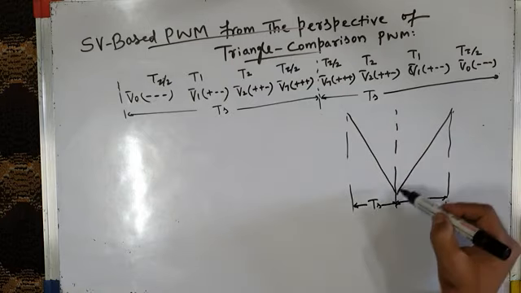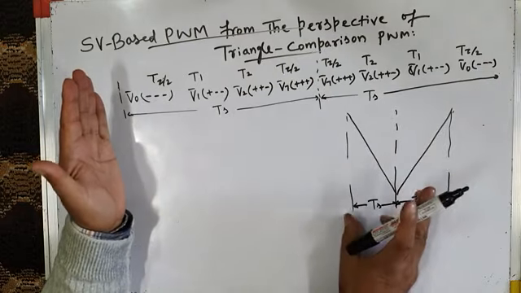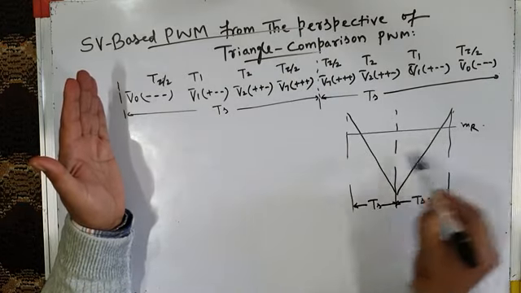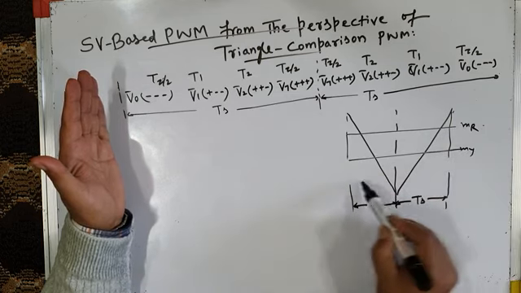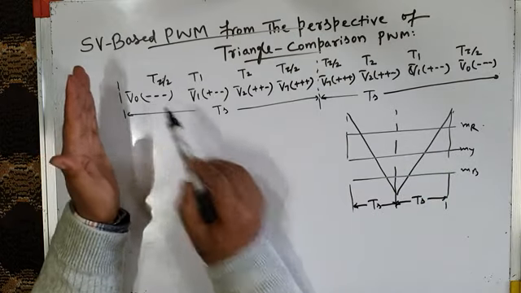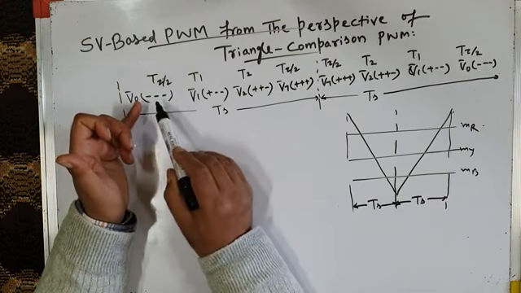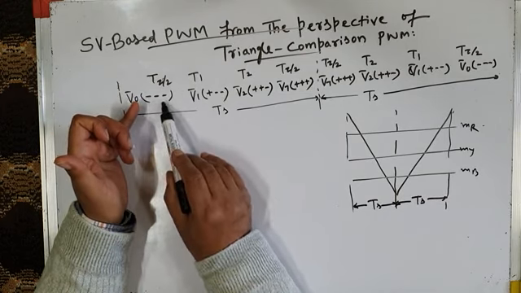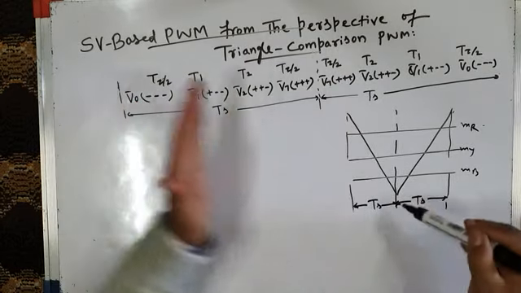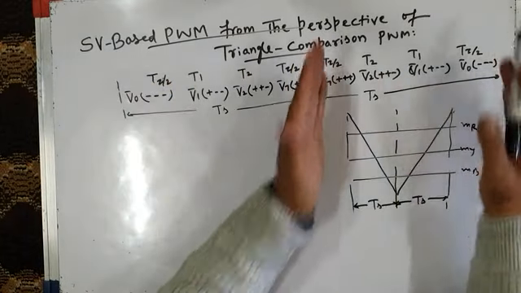In the first subcycle, we compare three sinusoidal modulating signals, mr, my, and mb, with this carrier wave, and it gives this switching sequence. For time interval tz by 2 it gives minus minus minus, then for t1 plus minus minus, and so on. In the subsequent subcycle, it gives the same switching sequence but in reverse order.